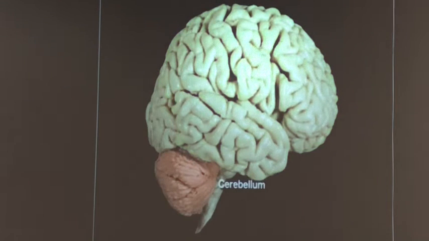The cerebellum is composed of hemispheres with many folds. Its primary function is to coordinate motor activities. Okay, get that? Coordinate motor activities. Also write smooth muscular movements.